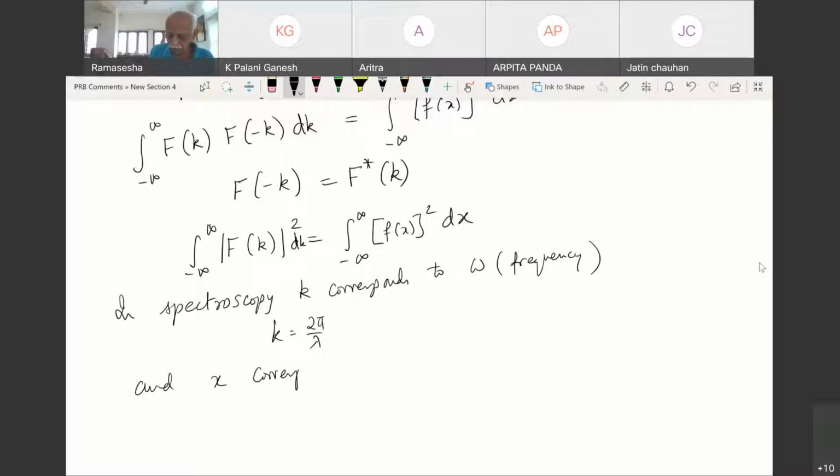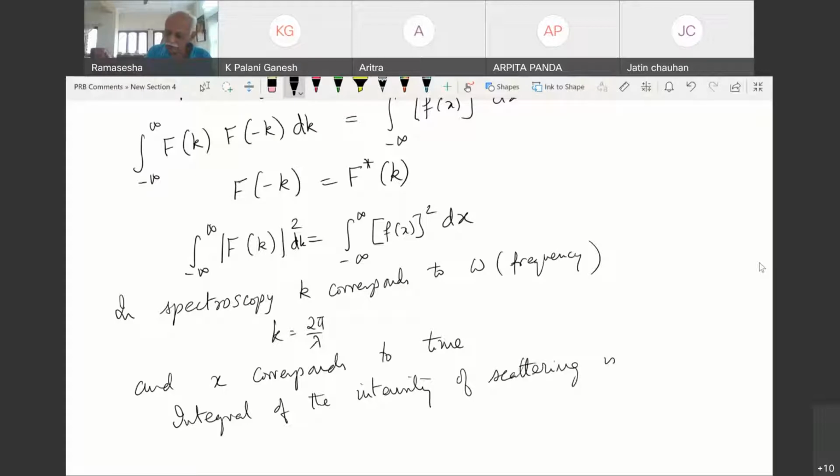The integral of the intensity of scattering is the same in real and reciprocal space.